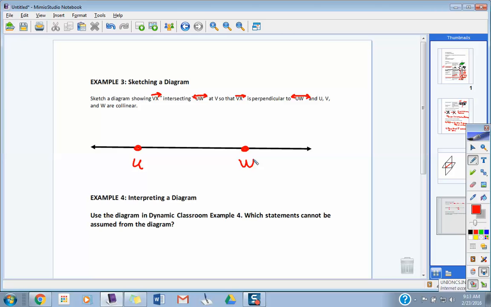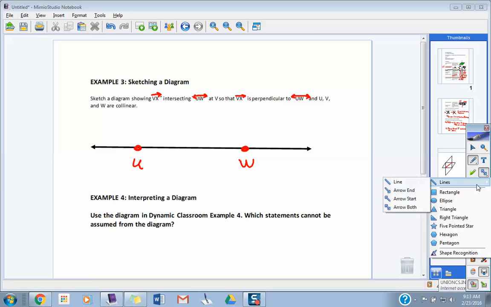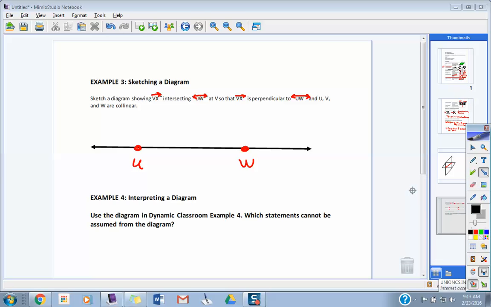So you're going to have a ray that looks like this. It doesn't really matter where I put it, but I put it right here. Now, the way it's drawn, do I know these lines are perpendicular? I don't. So what did I better put in between that line and ray to indicate that they are perpendicular? A 90-degree symbol, okay?